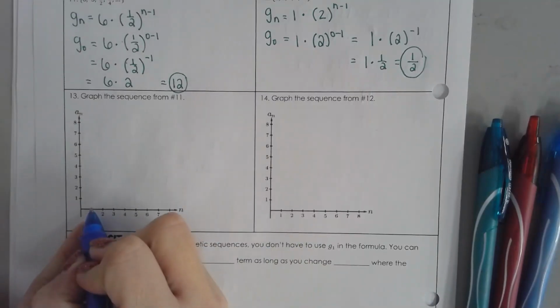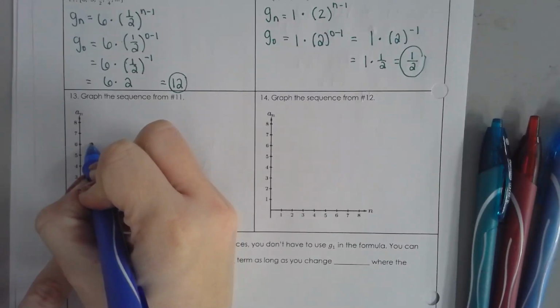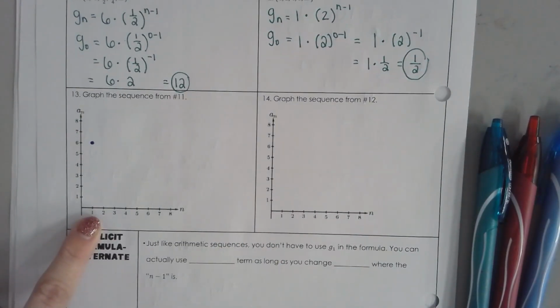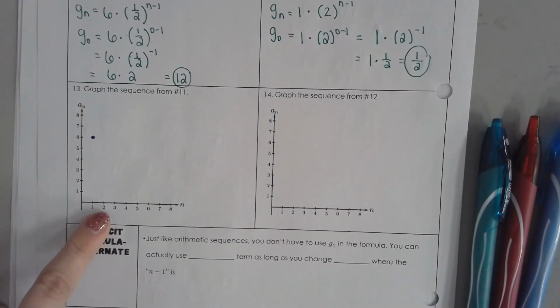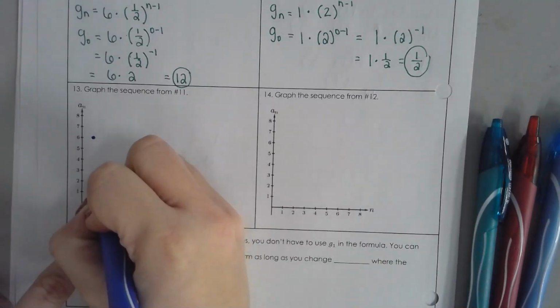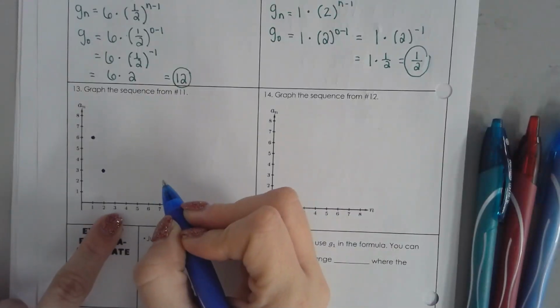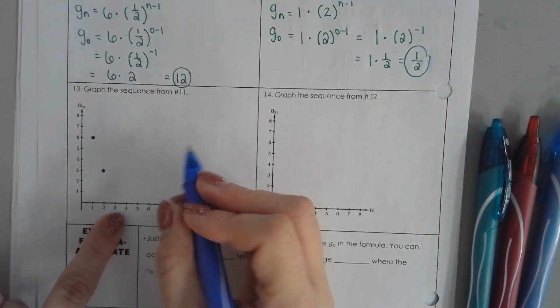So if we're graphing number 11, the first term, when your n or your x is 1, your first term is 6. The second term, when your n is 2, is 3. Your third term is 3/2, which is really 1.5.